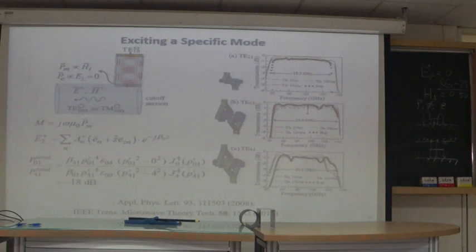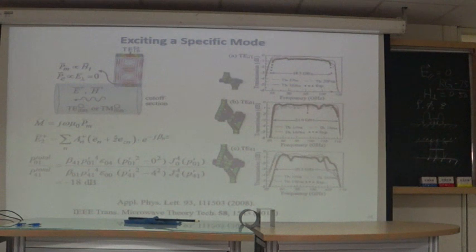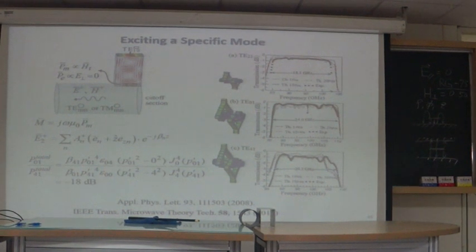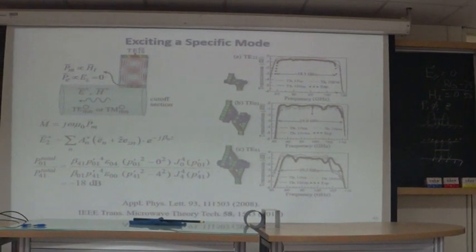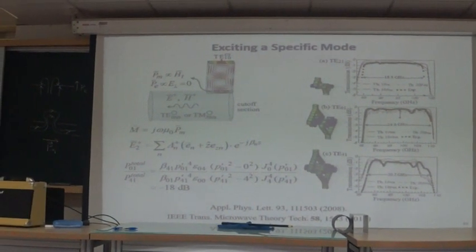In another case, if you have a magnetic field here, this small opening can generate a magnetic dipole. Electric dipoles and magnetic dipoles can be used as a source to excite waveguide modes. Dipole radiation.